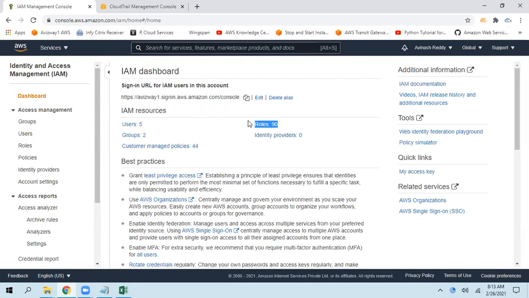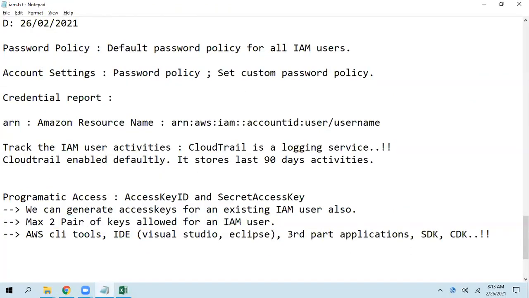And one thing we always follow in AWS is the least privileges mechanism.